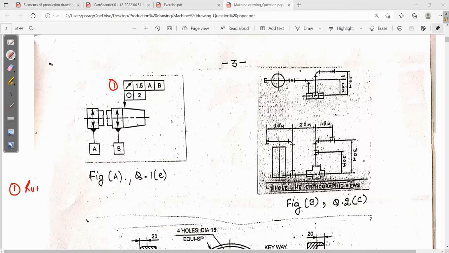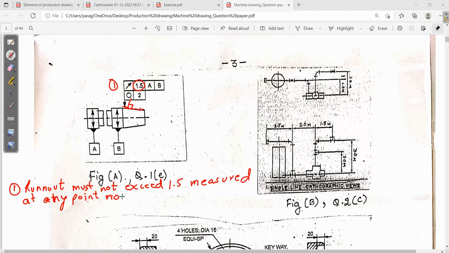Okay, so runout must not exceed 1.5, measured at any point, measured at any point perpendicular or normal to the surface, without axial movement of datum A and B.